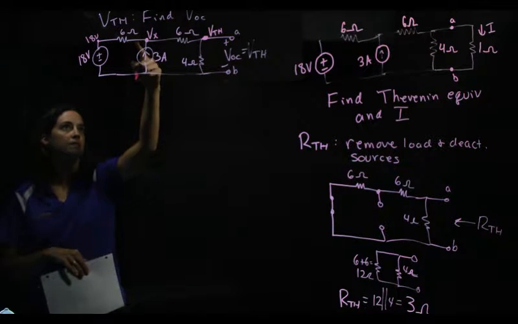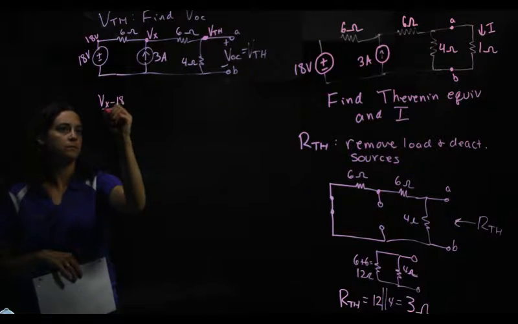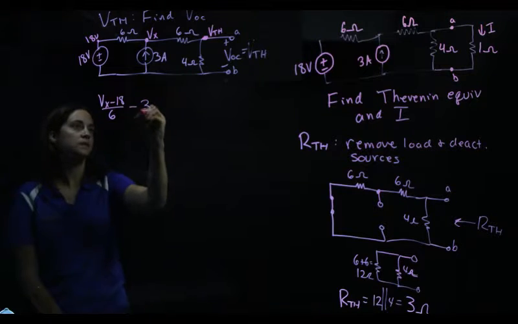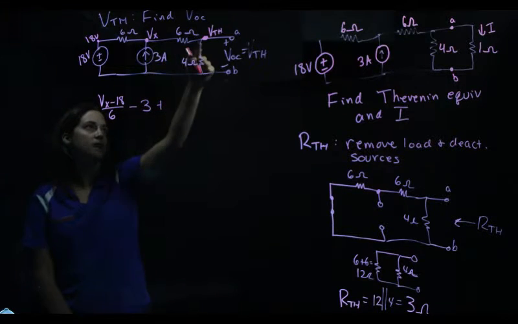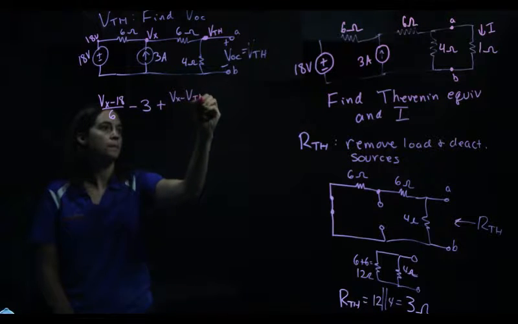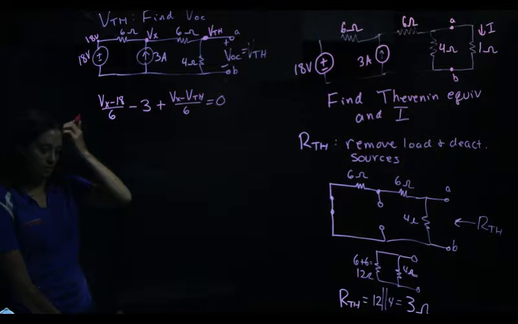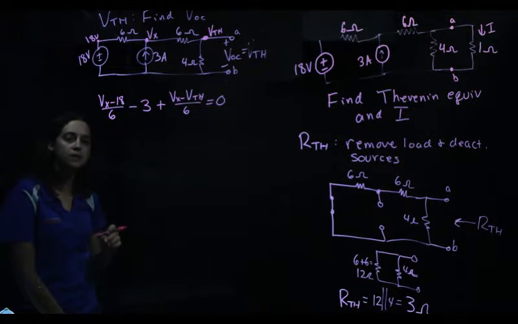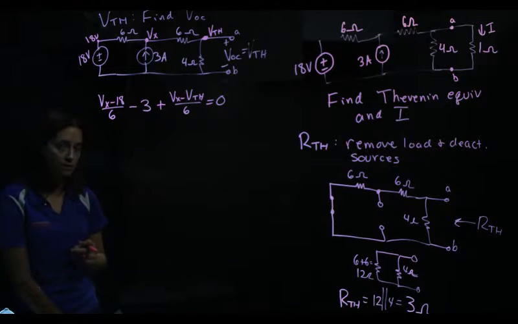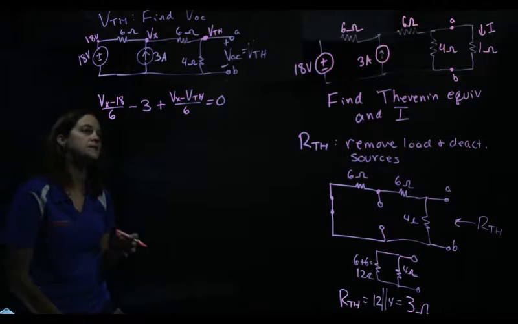So I have Vx minus 18 over 6. I have 3 entering, minus 3, plus Vx minus V Thevenin over 6, equals 0. So I could reduce that equation by combining like terms. I'm not going to do that because I trust that you can do algebra. If you can't, you have a problem being in this class.